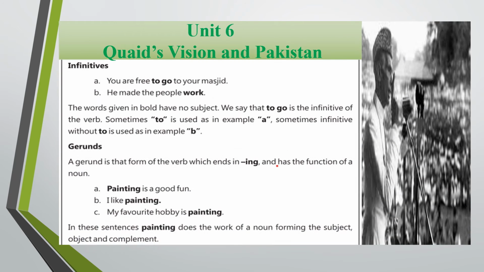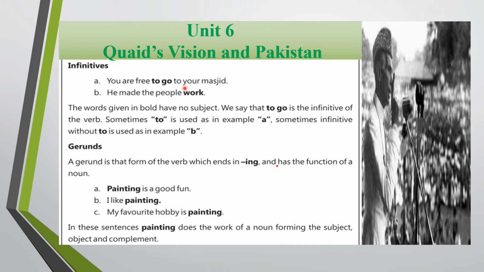The same page, next topic on this page is infinitives. Look at these sentences. A. You are free to go to your masjid. B. He made the people work. In these sentences, the highlighted words to go and work, they have no subject and they are not being used as main verb of the sentence.